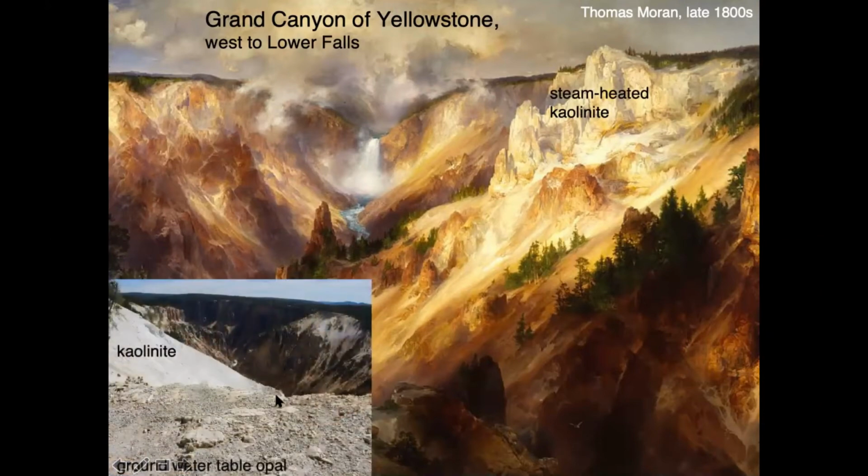And here we see that this kaolinite has horizons of groundwater table opal. This is an opal horizon right here, silicification, in a thick sequence of kaolinite. The reason for this thick zone of kaolinite is because the Yellowstone River has been eroding downwards while the hydrothermal system is active.